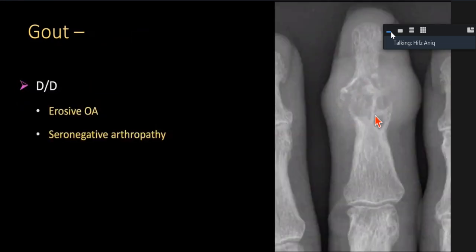Type of erosions, well-defined margins, intra-articular extension, and soft tissue swelling, which is more prominent on this side, means this is typical of gouty arthritis.